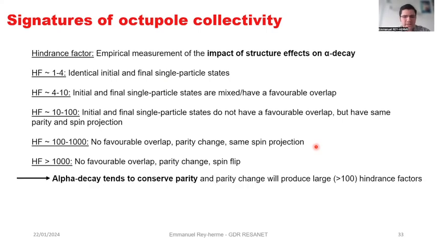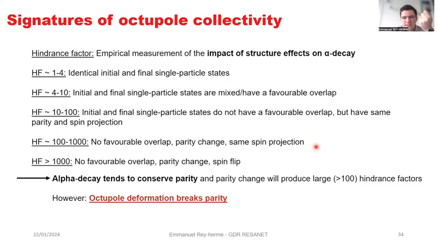And one thing that is notable is that alpha decay tends to conserve parity, and thus a parity change will produce large hindrance factor. By large, I mean typically above 100. However, in the case of octupole deformation, as I said, parity is not a good quantum number anymore. There is a mixing of opposite parity states.